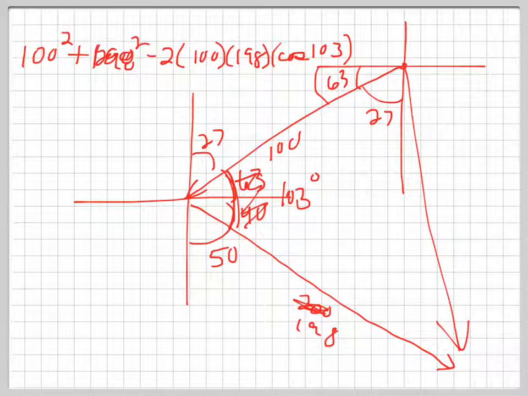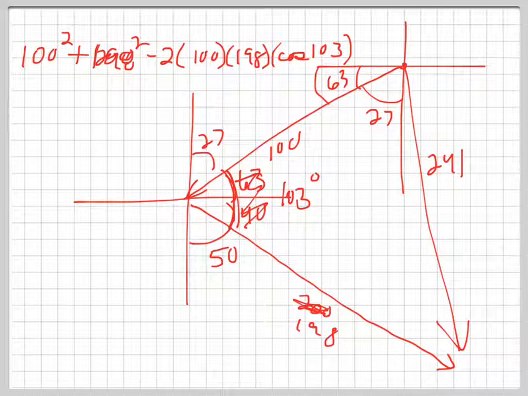Okay, so I have, let's see, 100 squared plus 198 squared minus 2 times 100 times 198 times cosine of 103, square root, and I get 241. This is 241.